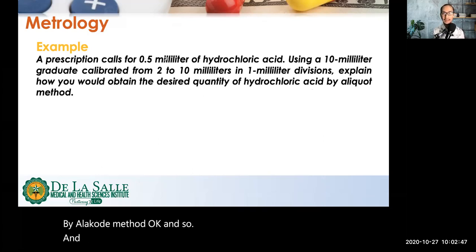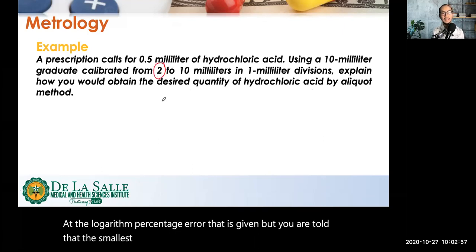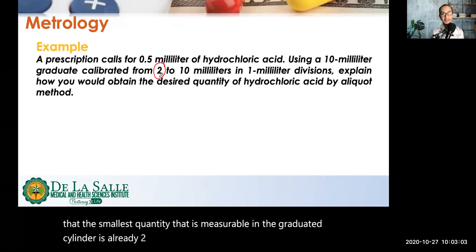Wala talaga ditong percentage error that is given. Okay? But you are told that the smallest quantity that is measurable in the graduated cylinder is already 2 milliliters. Kasi sabi diyan, ayan, it can only measure between 2 to 10 milliliters.